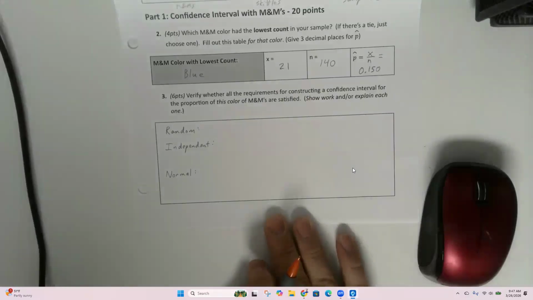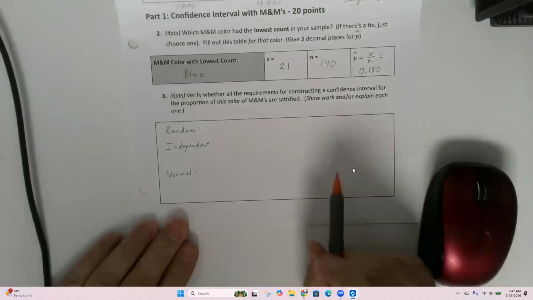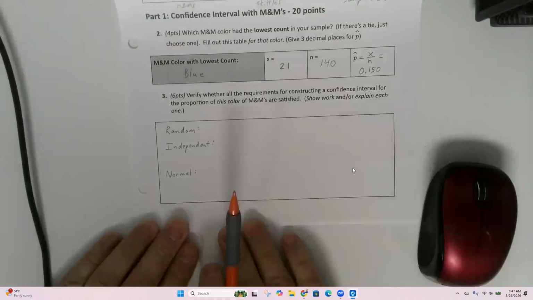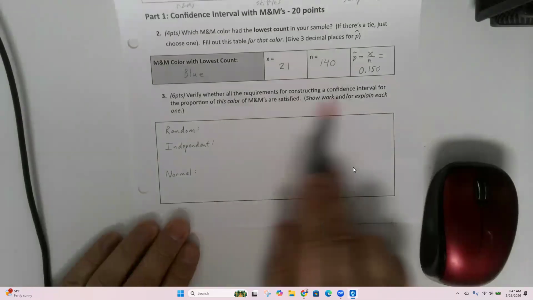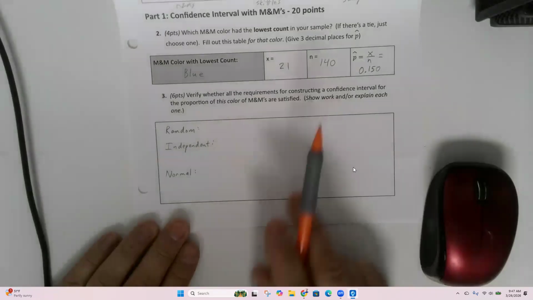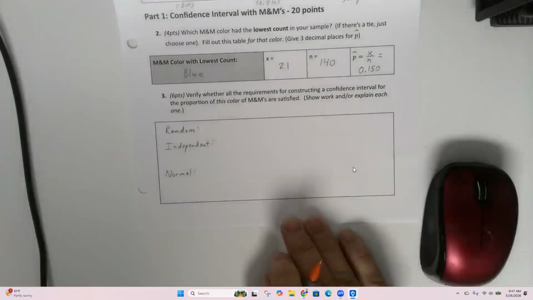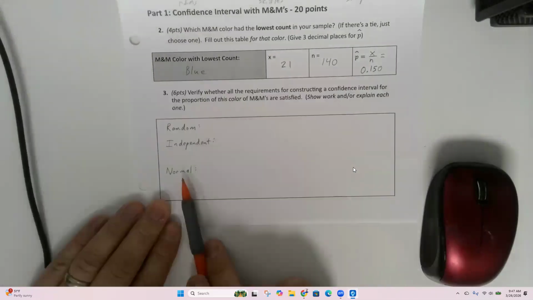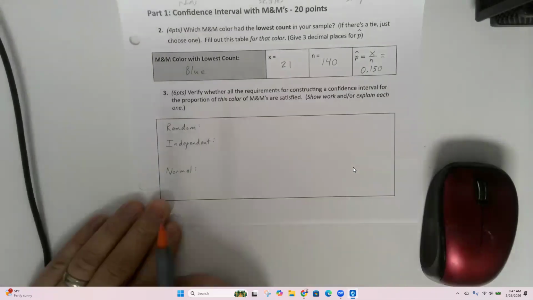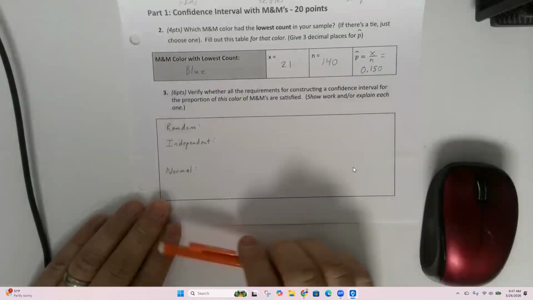In order to construct an accurate confidence interval, I need to satisfy the central limit theorem for proportions. It doesn't say anything about the central limit theorem, but the central limit theorem is what allows us to build confidence intervals. It's what allows us to do hypothesis testing in chapter 10. So we're going to be checking random, independent, and normal throughout the rest of the semester.